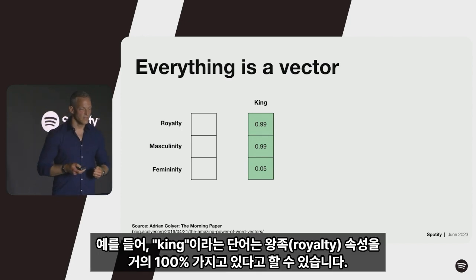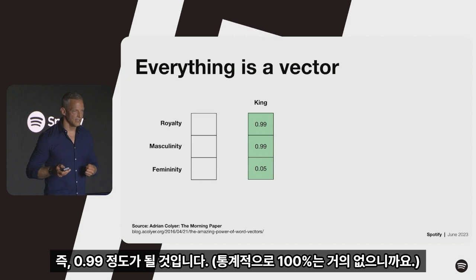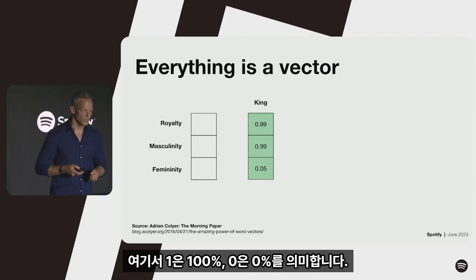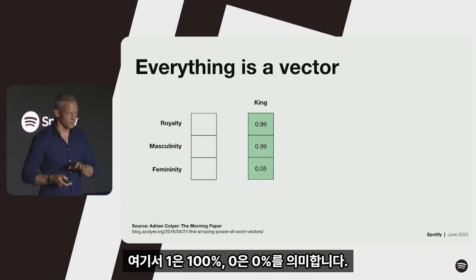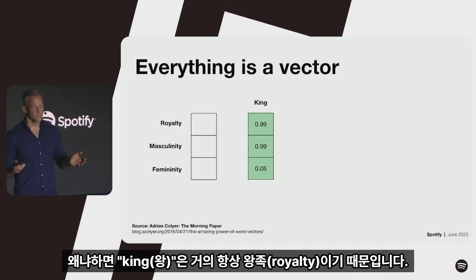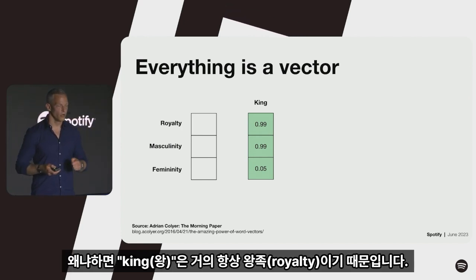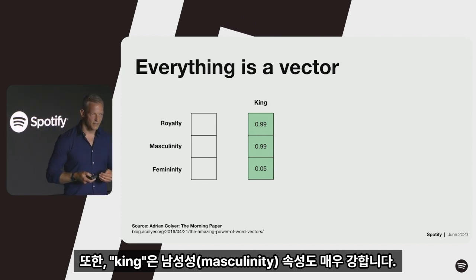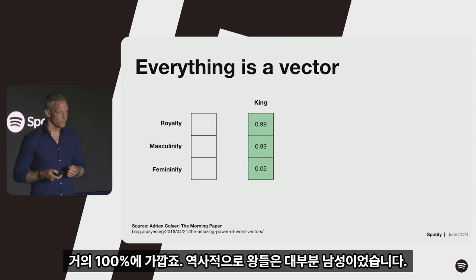So you can say that the word king has almost 100% royaltiness, so 0.99. Nothing in statistics is 100%. So 1 means 100%, 0 means 0%. So 0.99 means almost 100% royaltiness, right? Because a king is almost always a royal. But the word king is also very high on masculinity. It's almost 100%. We don't know.